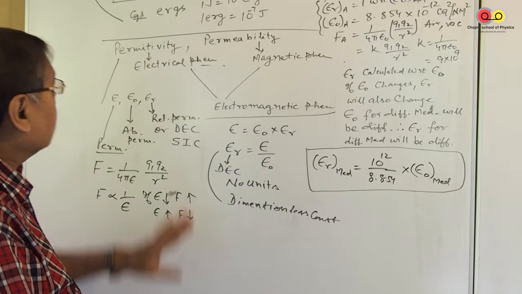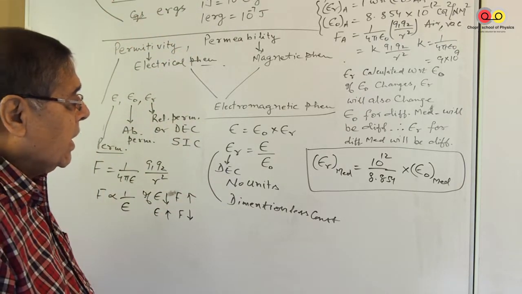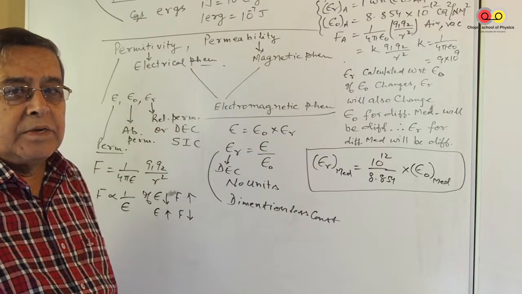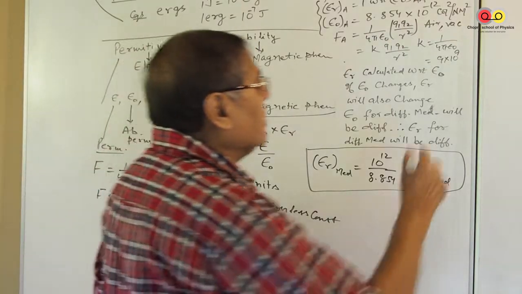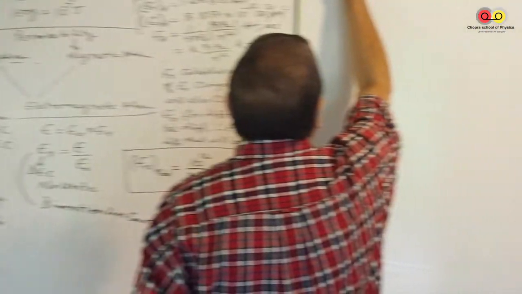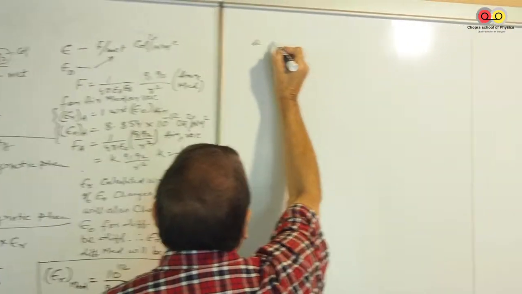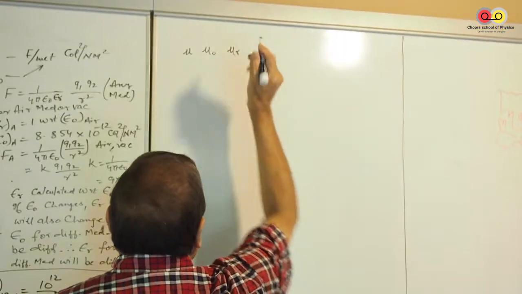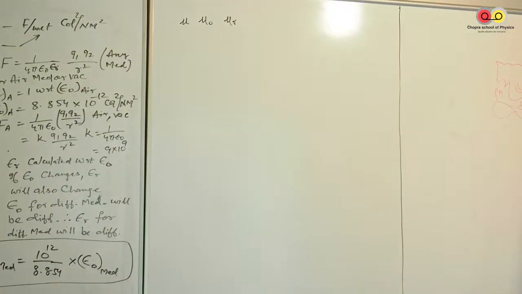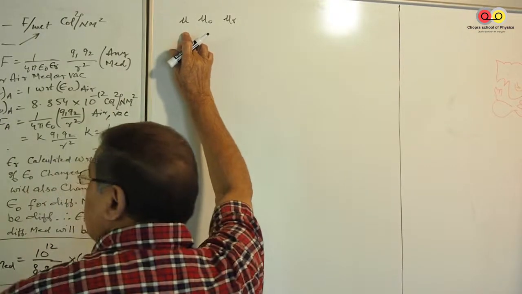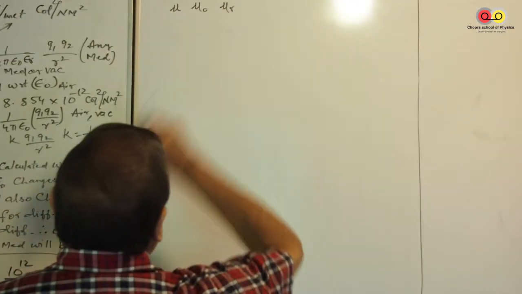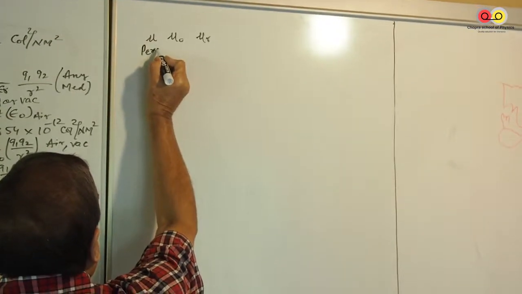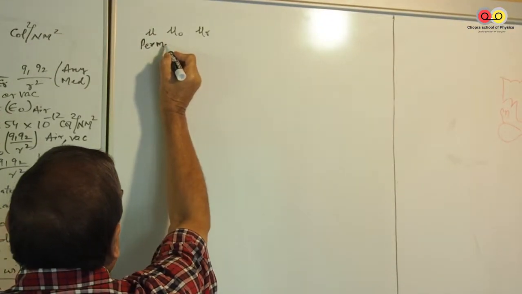So I hope this concept of permittivity is clear to you, and now we'll take a few more moments for discussing permeability. Regarding permeability, you will remember that permeability is represented by mu, then absolute permeability, and then the relative permeability. Now, like permittivity, there are three types of permeabilities. This is simply known as permeability.